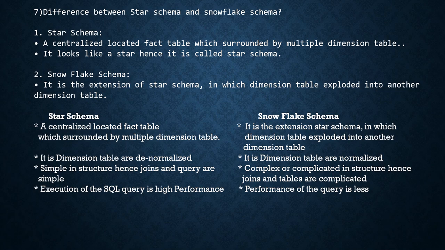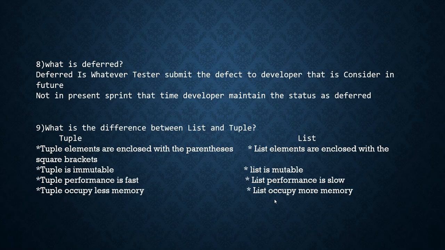Next question is, what is deferred? Deferred is when a tester submits a defect to the developer, and what is raised is valid, but it is considered in the future, not in the present sprint. At that time the developer maintains the status as deferred.